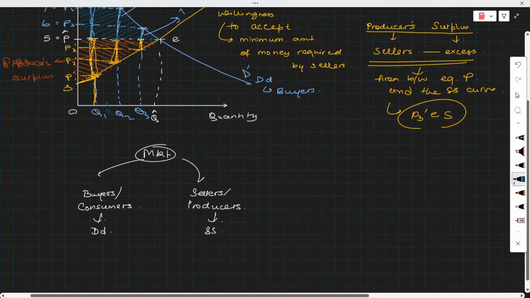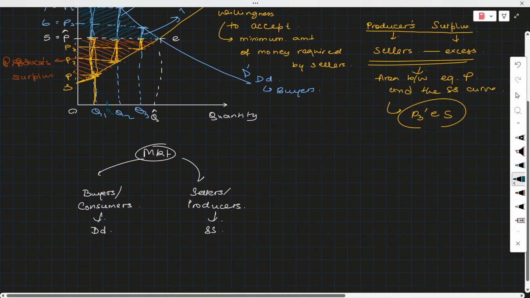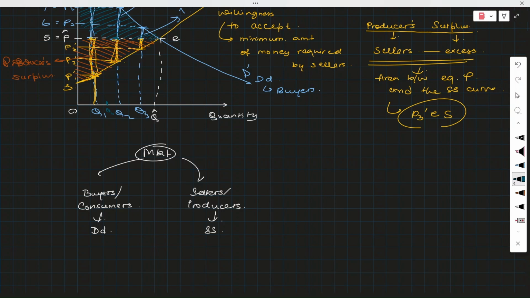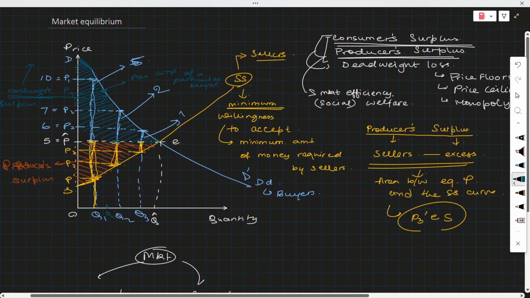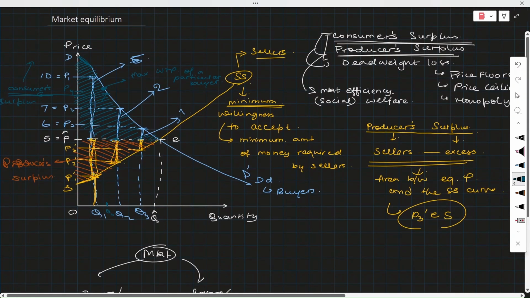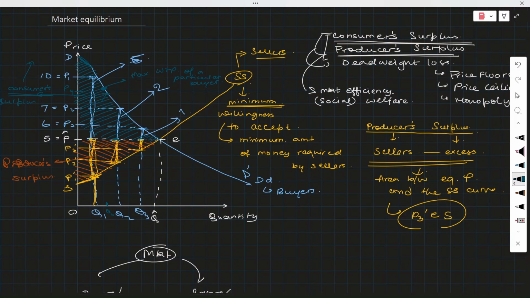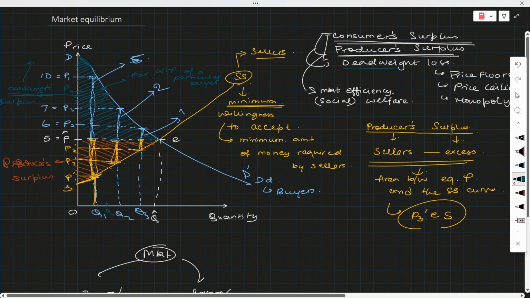Whenever you get confused, always think there are two people in the market. Buyers, they want to supply money and they want to get the commodity. They are also the consumers, and the sellers, they are the producers. They offer the commodity in exchange for money. Always simplify your understanding, think of it in simple terms. So this is your consumer surplus and this is your producer surplus, and we'll use these two concepts to understand something called the deadweight loss.